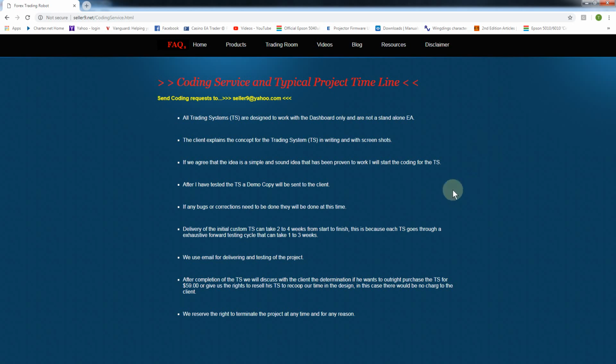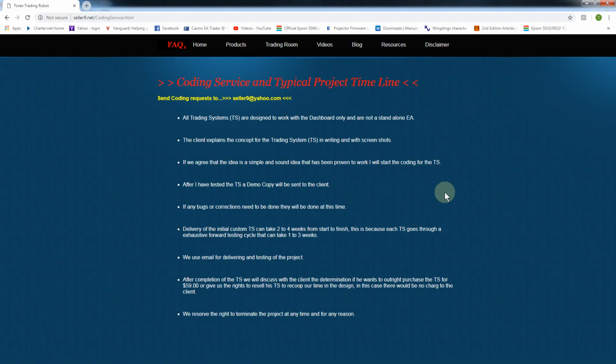Everything, of course, we make as a TS, and it will only work with the dashboard, so you do have to have the dashboard. I do not write standalone EAs anymore. I basically just write TSs for the dashboard. That way your trading system, if it works, can trade all 28 pairs or just one pair, whatever you want to do.